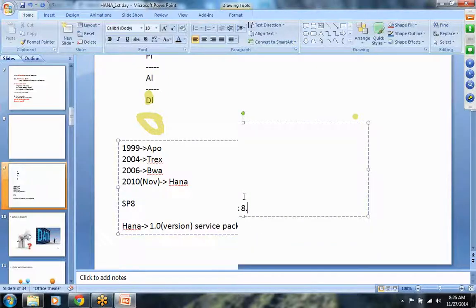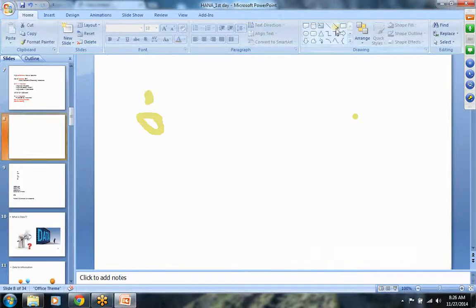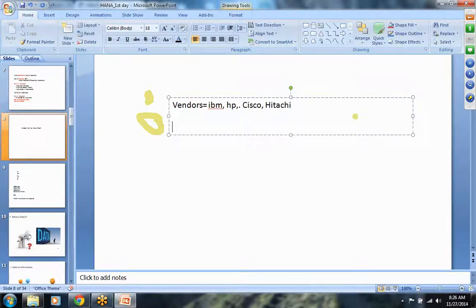Vendors are providing the hardware. So hardware vendors like IBM, HP, Cisco, Hitachi. These are all hardware vendors.